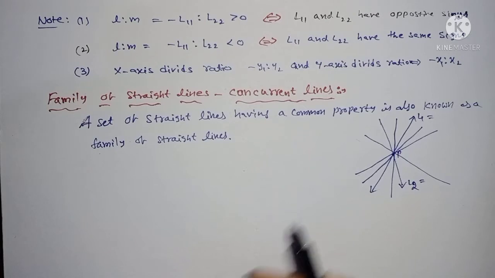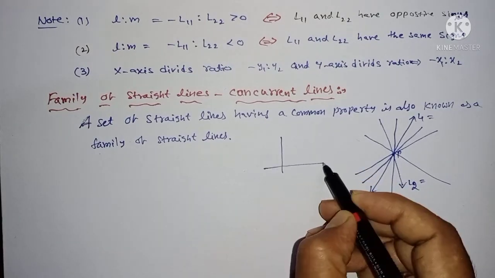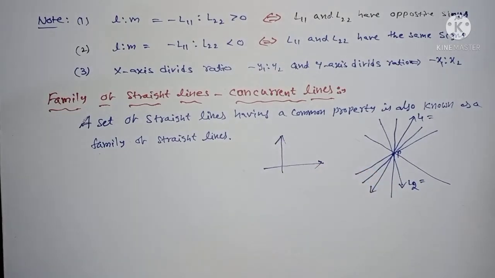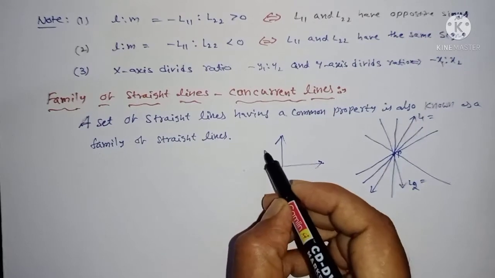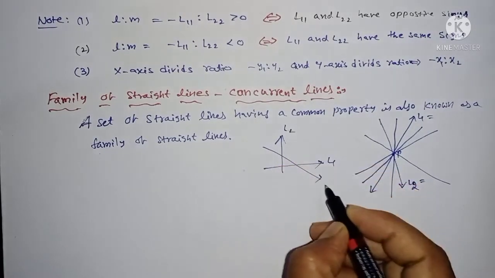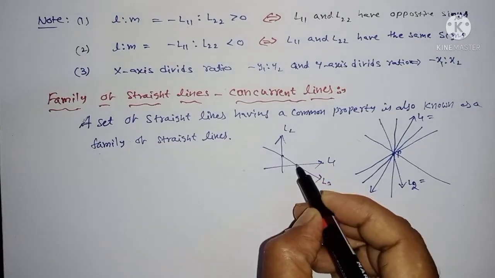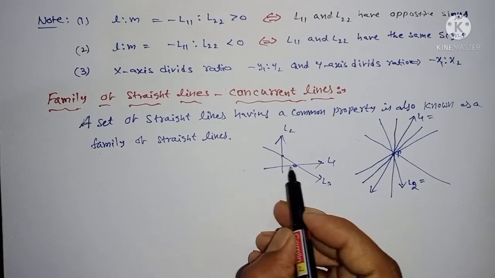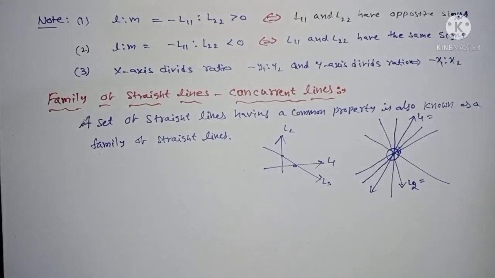Property means, for example, I am taking these two lines, and another line also. This is L1, this is L2 and this is L3. If they intersect at a common point, then you can say that these are concurrent lines only.